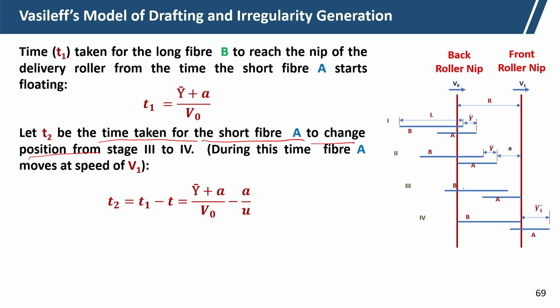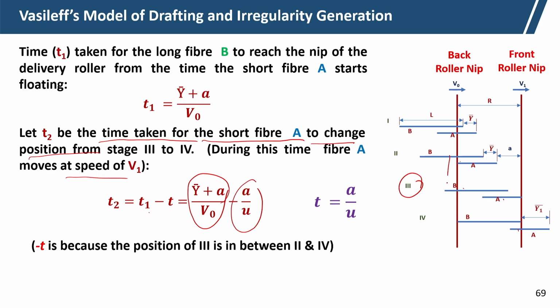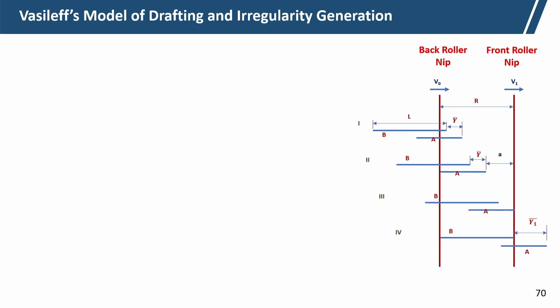During this time fiber A moves at the speed v1. So, t2 will be t1 minus t, where t is a by u. Because stage 3 comes in between the second and 4, that is why t1 minus t is subtracted. So, we will get the equation.